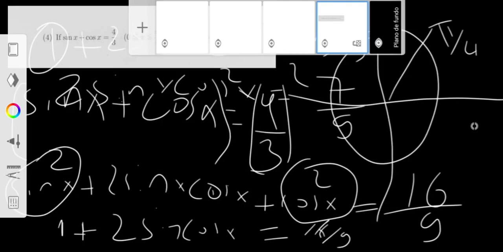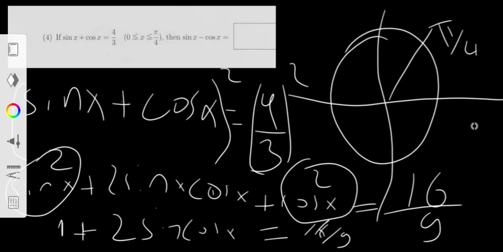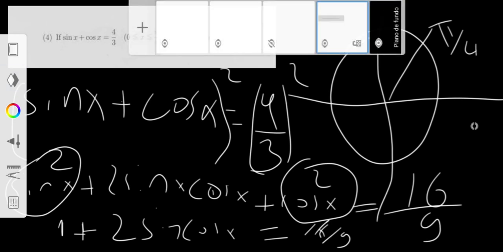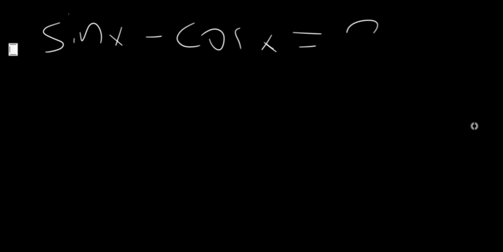What is he asking you? Sine of x minus cosine of x. So let's do this. Our question is sine of x minus cosine of x. Let's call it a. The thing we need to find is a.